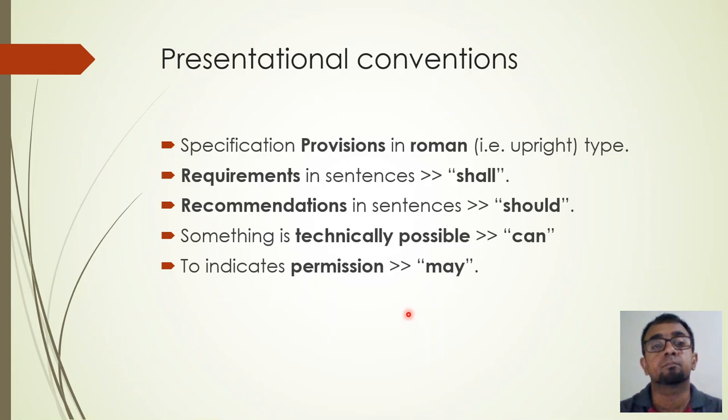Now, the basic specification provisions are given in Roman, that is straight upright type of text, normal black color upright text, and the requirements in these sentences are identified by shall.